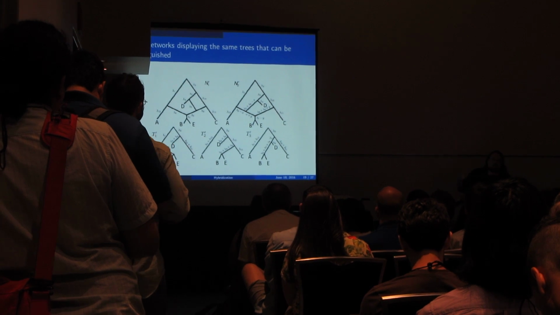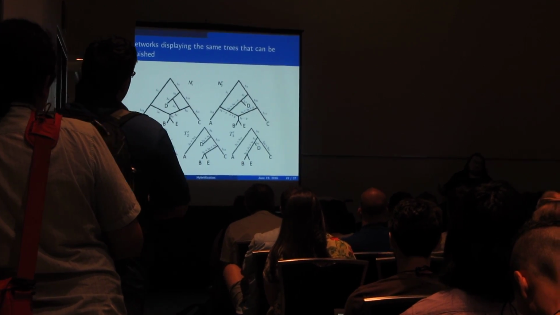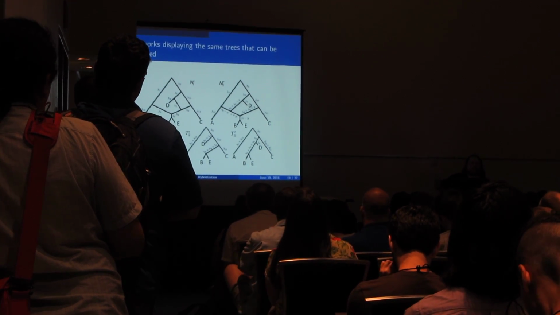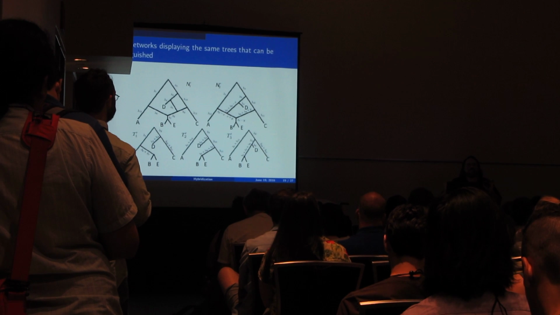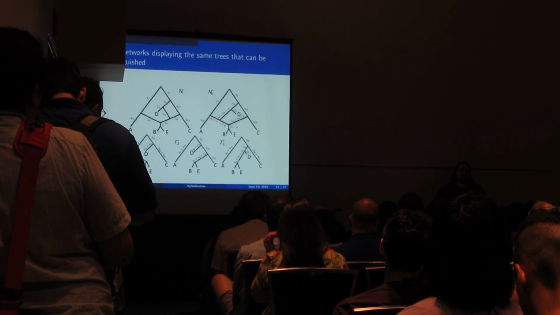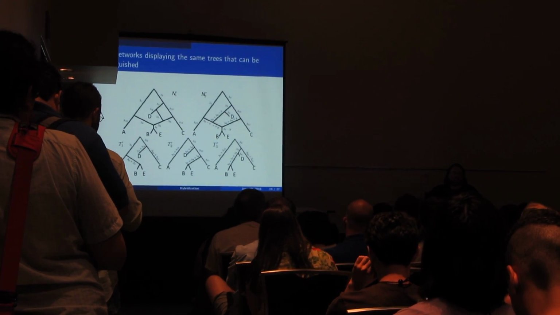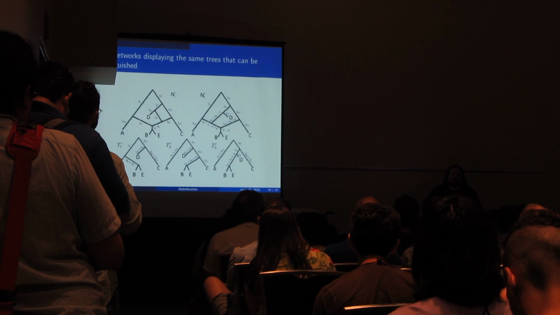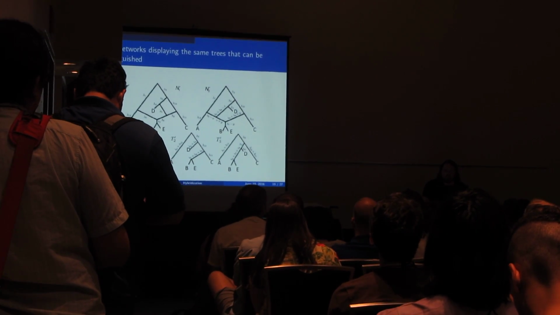So the idea is that saying that two networks have the same displayed trees isn't a sufficient condition for saying that the networks are indistinguishable. This is an example where the two networks display exactly the same trees, but they're distinguishable.